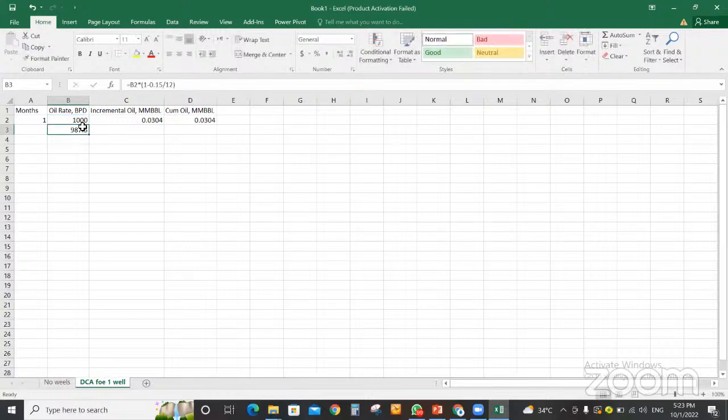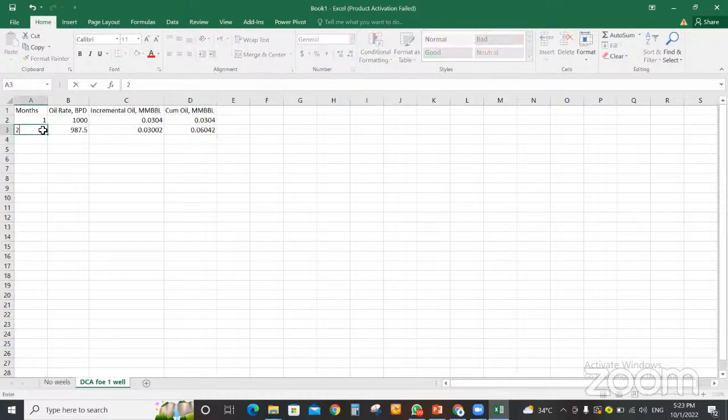So that is the rate at the second month, and the incremental oil will be calculated the same way, and the cumulative oil production will be the cumulative oil production at the first month plus the incremental oil from the second month.